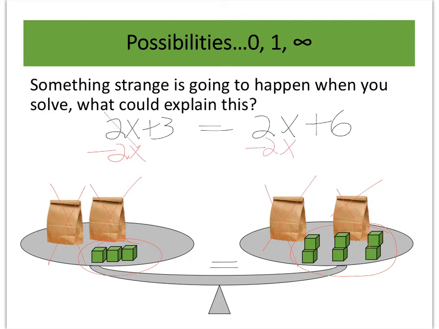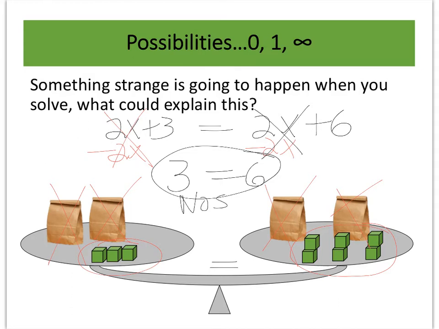And then we got this weird thing, because 2x minus 2x is nothing, so I'm left with 3 equals 6. And so this is something called a contradiction, and it means that there is no solution. I suppose it might be helpful to know that each bag contains blocks as well.